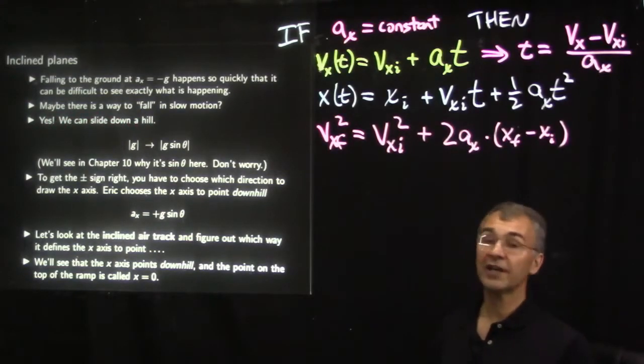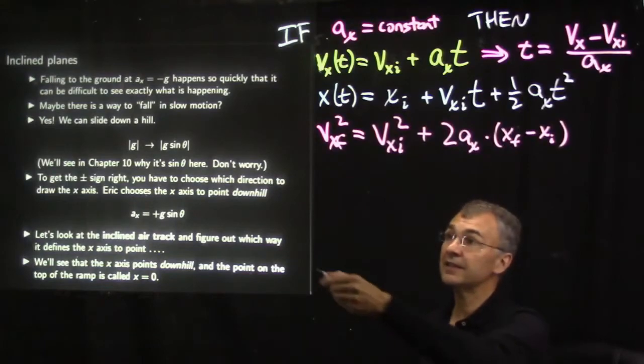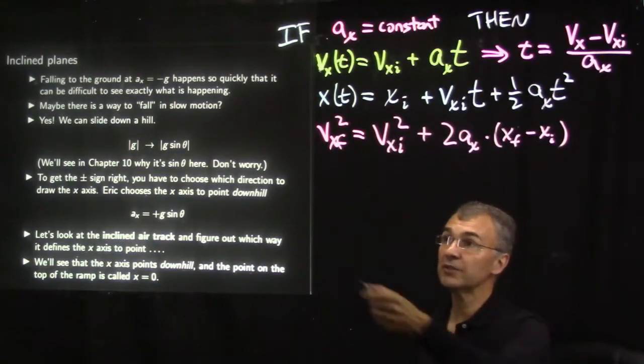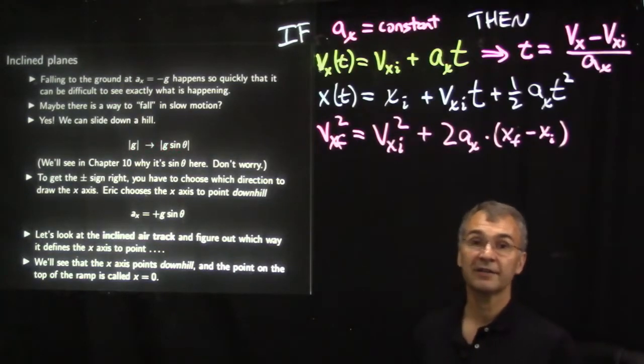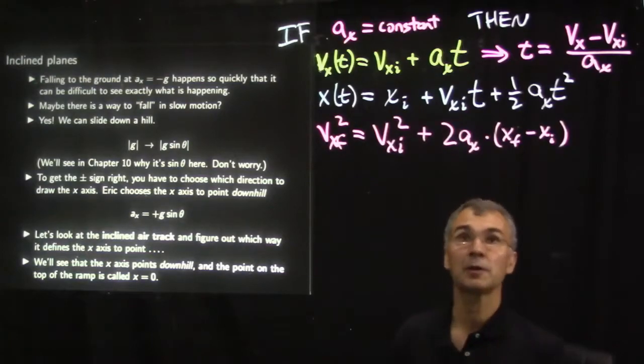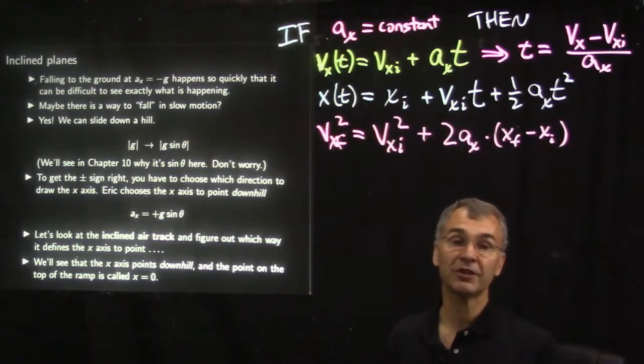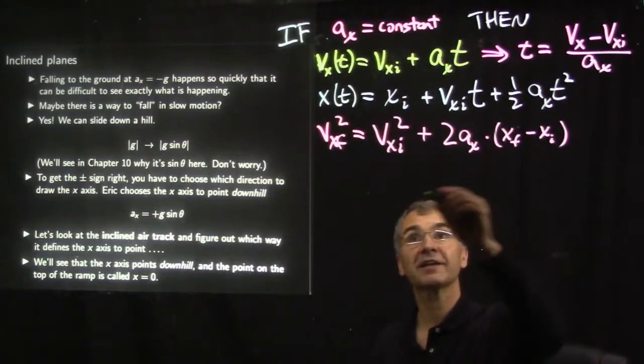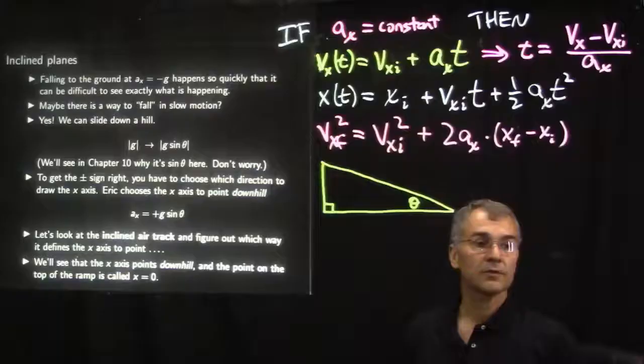So if we slide down a hill, then instead of just this value g, we actually multiply g by the sine of the incline angle of the hill. And you don't actually have to remember any trigonometry at this point in the course. You just have to be able to recognize this drawing.